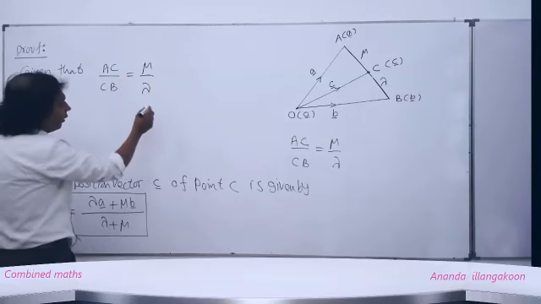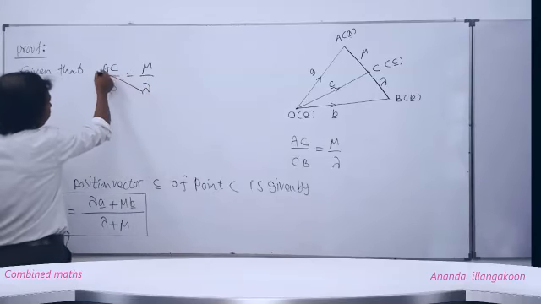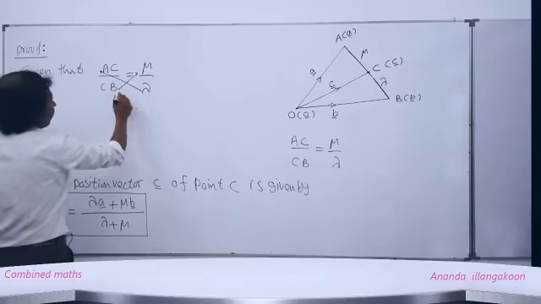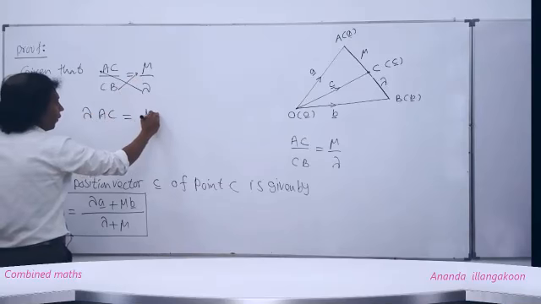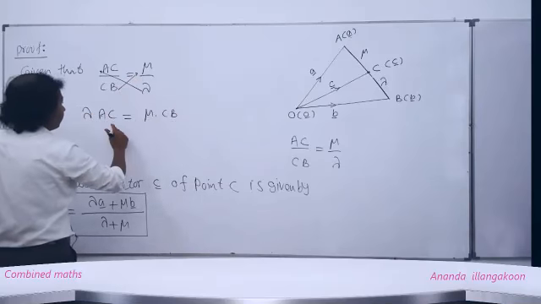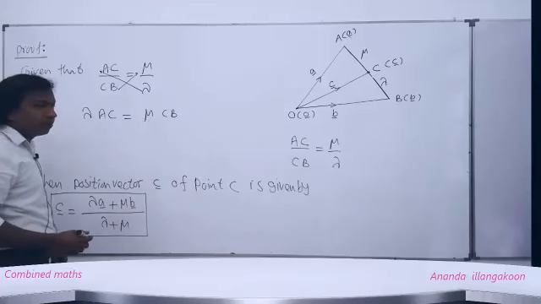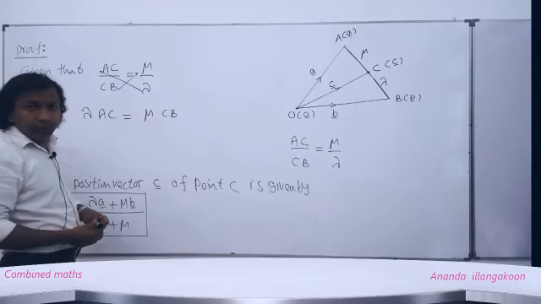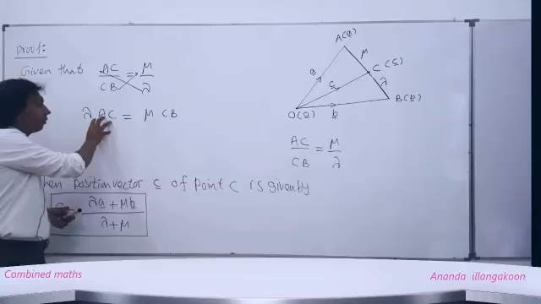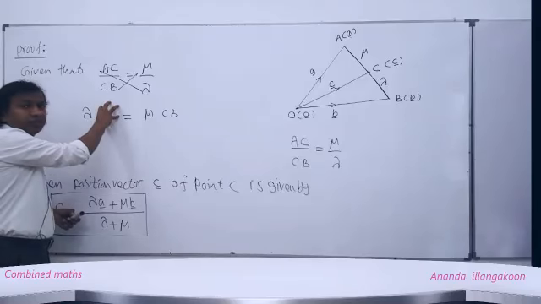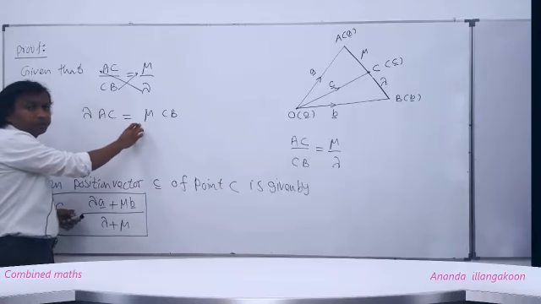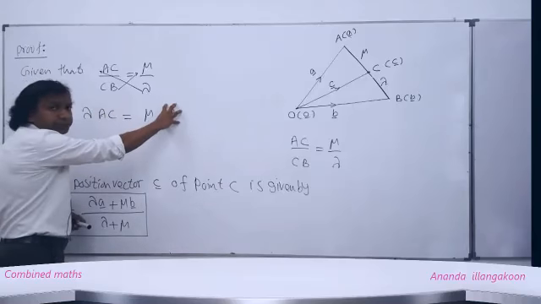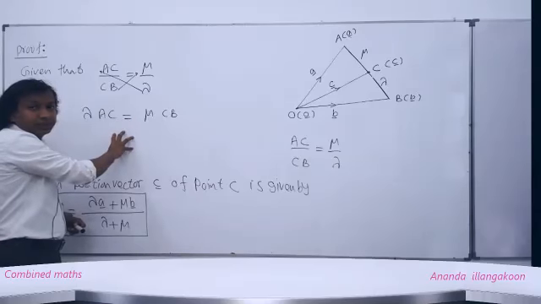Now, people, you can use cross multiplication to this. Lambda times AC equals mu times CB. People, this says AC times lambda, the whole length, is equal to CB times mu, the whole length.